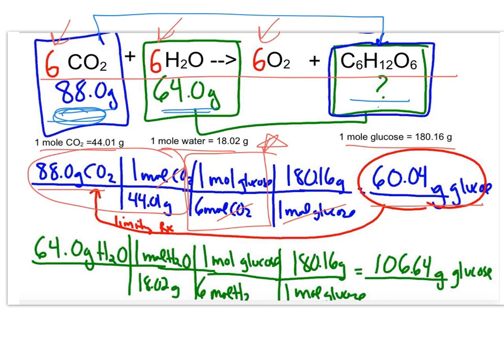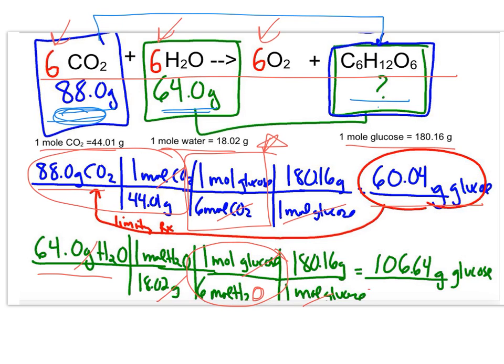So I have to do the same thing with water. So I start out with my mass of water. Here I am converting to moles of water. This is my mole ratio step, but again, this is a little bit different. It's 1 to 6, but it's 1 mole of glucose for every 6 moles of H2O. Sorry, this should be H2O. And then my moles of glucose cancel and I get my grams.